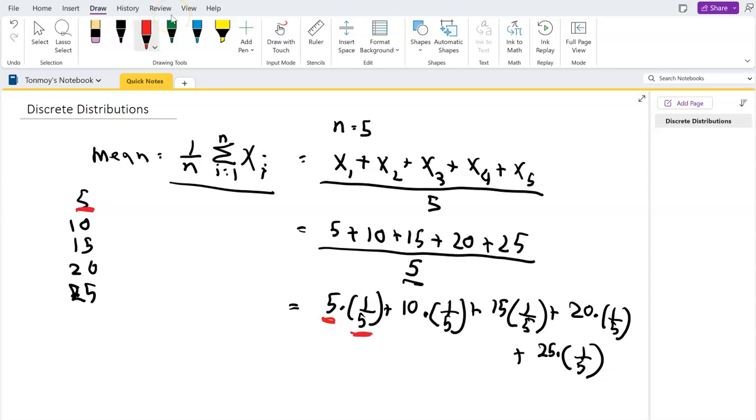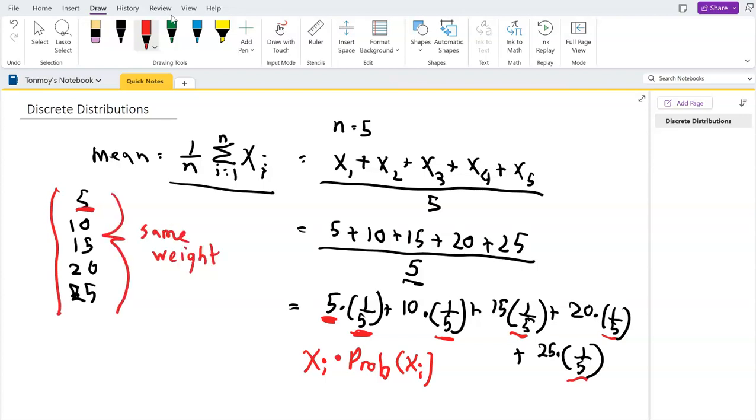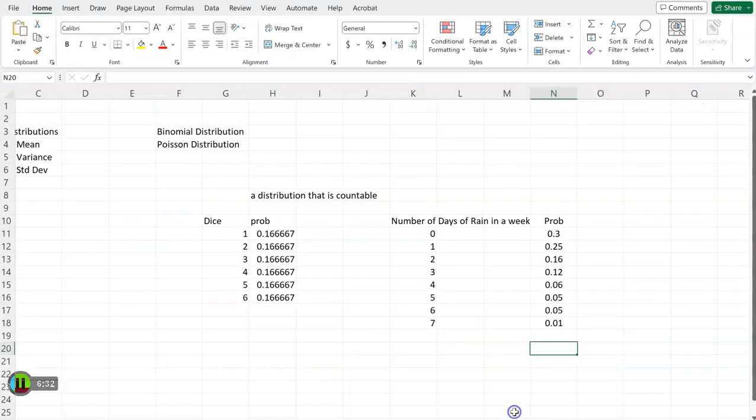We could see that it is basically the number xi times the probability that xi is showing up. Now what we usually do for finding means is that we treat all these probabilities as equal. So all the numbers in our list get the same weight. However, whenever we have a discrete distribution, the weights are different.